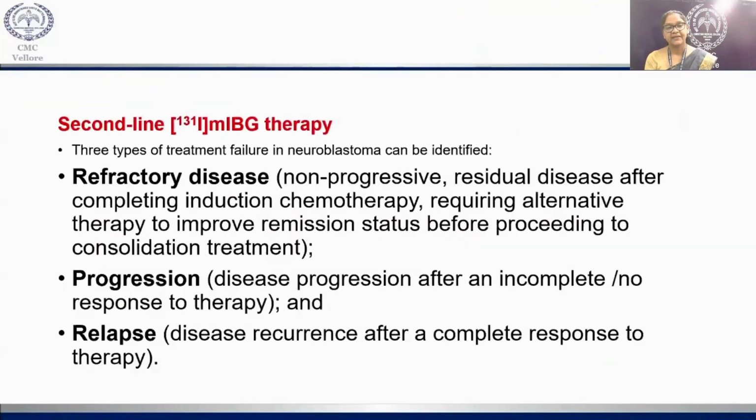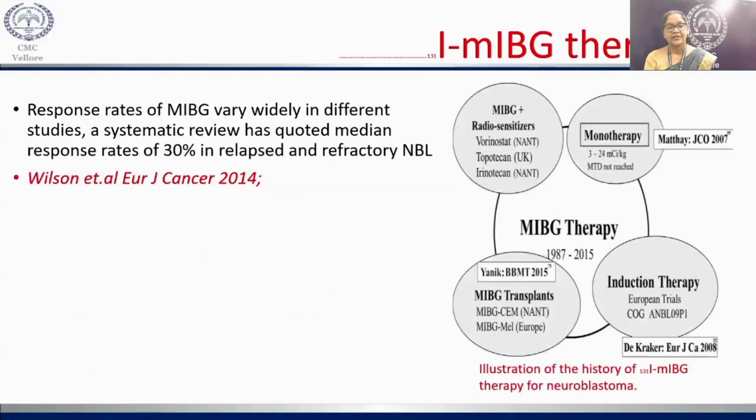In the second line, 3 types of treatment failure in neuroblastoma can be identified: refractory disease, progression of the disease, or relapse. So the response rates of MIBG vary widely in different studies. A systematic review has quoted median response rates of 30% in relapsed and refractory neuroblastoma.